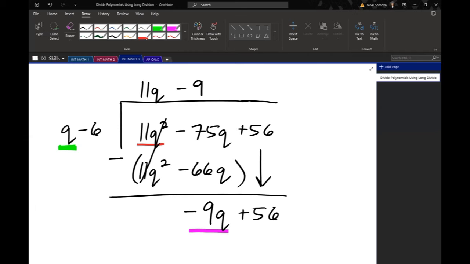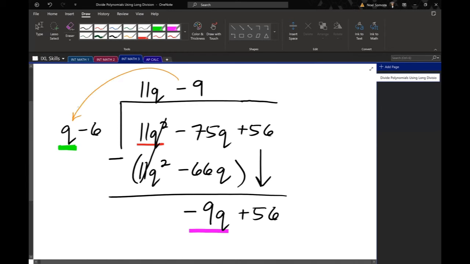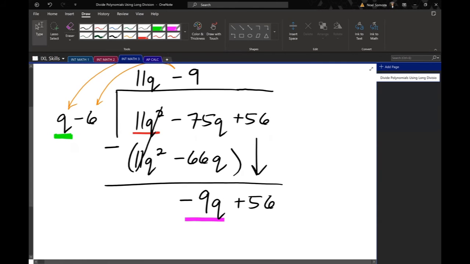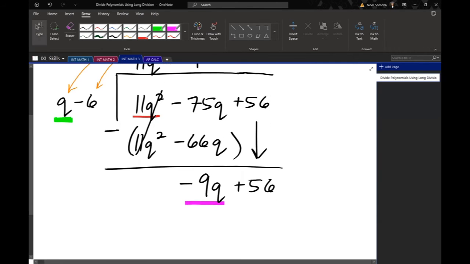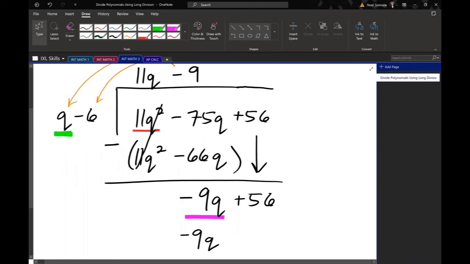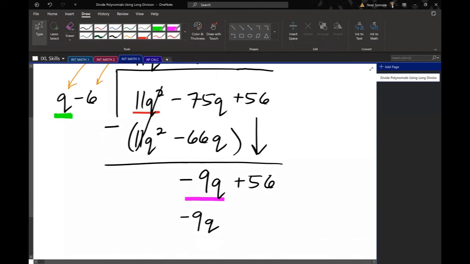Then we apply the distributive property one more time with negative 9 times q and negative 9 times negative 6. Negative 9 times q gives us negative 9q. Negative 9 times negative 6 is a positive 54.